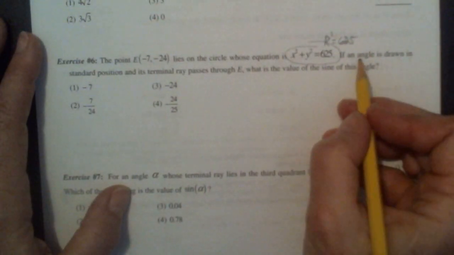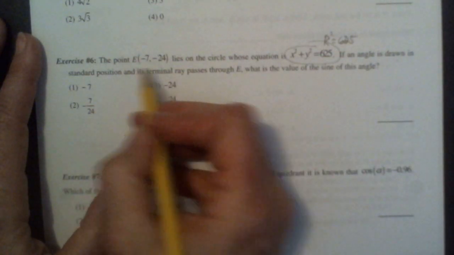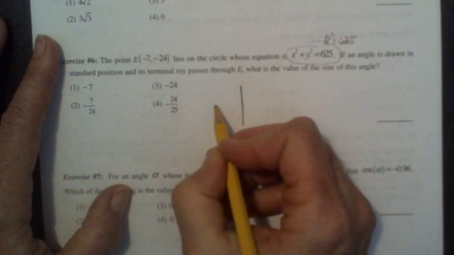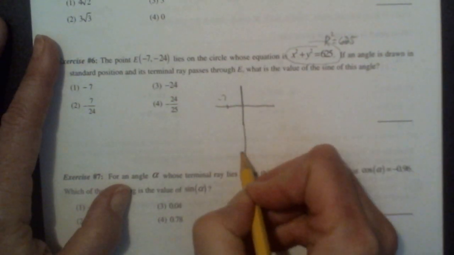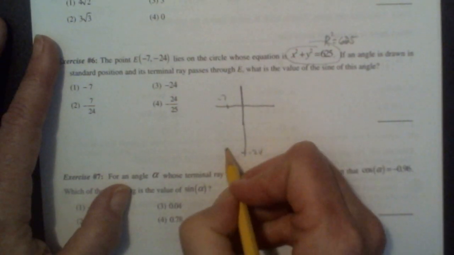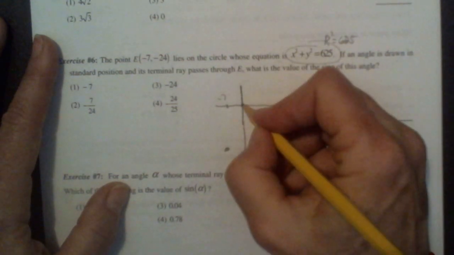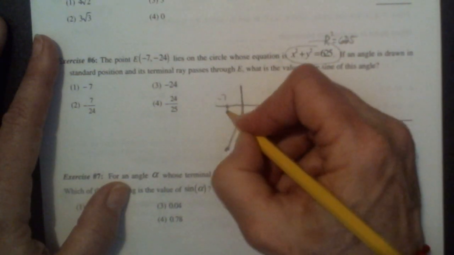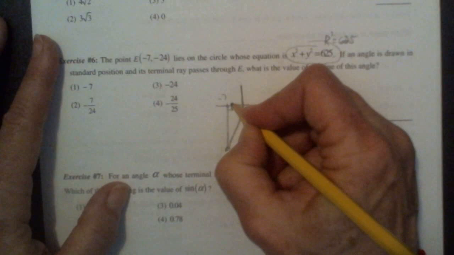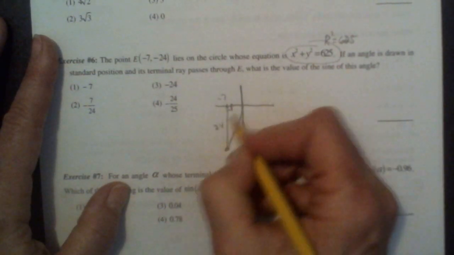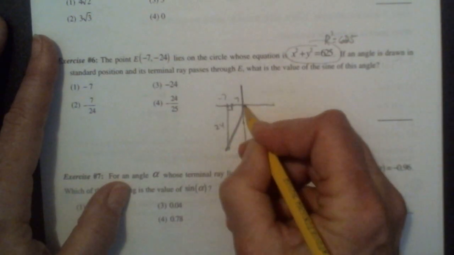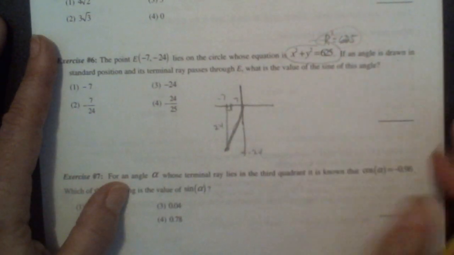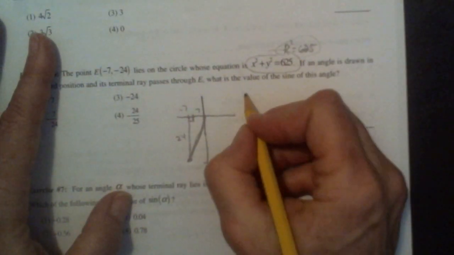And what they're asking for, if the angle is drawn in standard position, we're going to, let's draw a beautiful point E, -7, and then we're going to go down, way down to -24, draw that point down here, connect it to the origin, drop a perpendicular up to the x-axis. So this length is 24, this length is 7, and you can figure out this r squared if you want to, but we know r squared is 625 because they give us this equation. But we'll do Pythagorean theorem anyways.